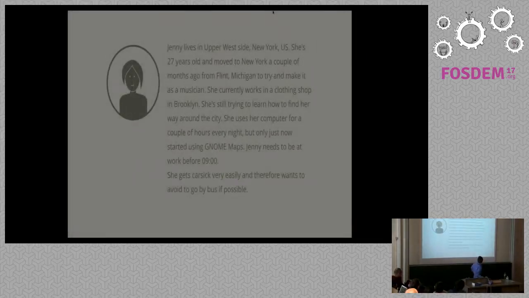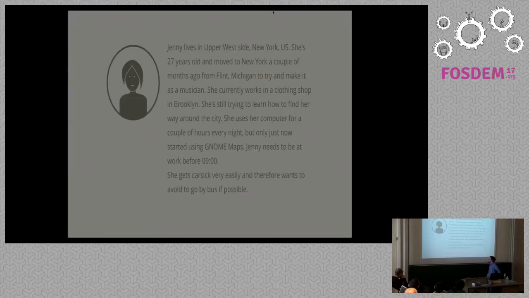All right, so here's one of them. This is Jenny. It's a little bit of background, like, okay, she's new in the city, she can't find her way around. And then a small story for her, and a specific scenario that a person would need to carry out with this kind of UI.